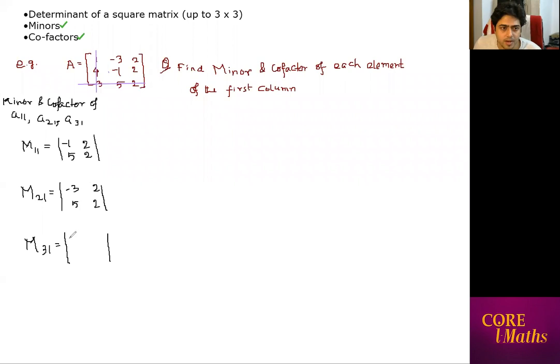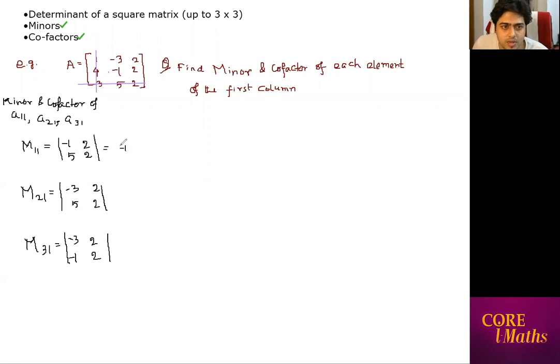So the remaining elements are -3, 2, -1 and 2. Now from the concept of 2 cross 2 order, you can easily find out the values.